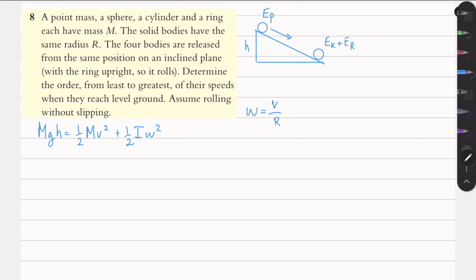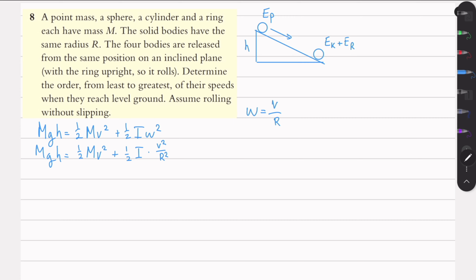This is often a simplification we need to use when we write out these sorts of equations. So we can plug that in here. So what we will have is mgh equal to 1/2 mv squared plus 1/2 I times v squared over r squared.